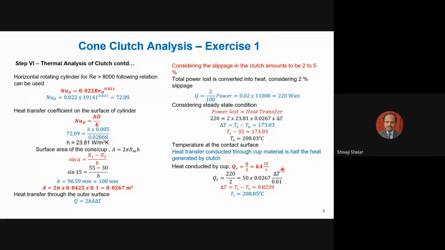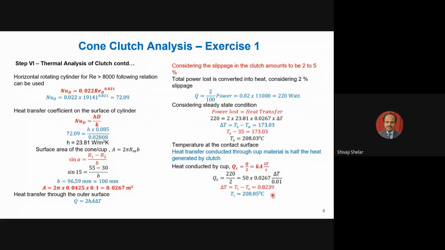Many times you will find they use oil, so instead of dry lubrication they have wet lubrication. That is, instead of operating the clutch in dry condition, they operate it in wet condition. So this is the thermal analysis, explained typically for the cone clutch, but it is generally applicable to other types of clutch also.